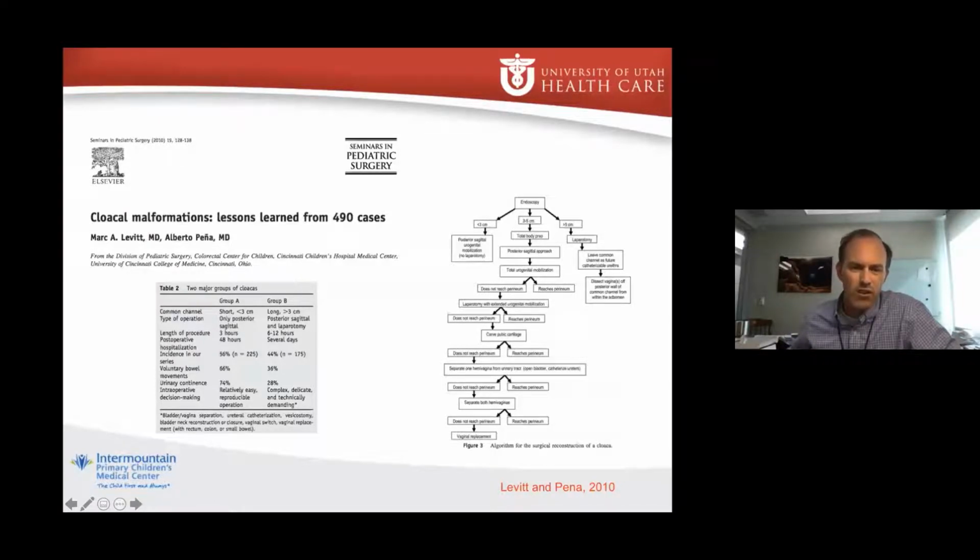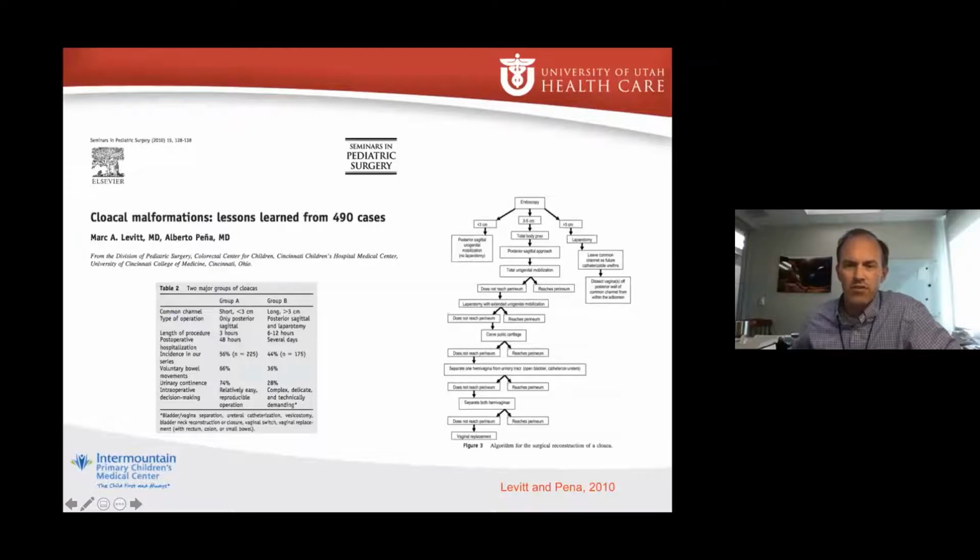Obviously with the longer common channel, you can see the operative time was 3 hours versus 6 to 12 hours. It's a much more technically challenging case. A much lower percentage of them had voluntary bowel movements, and only 28% of them actually had urinary continence in the longer channel cases.